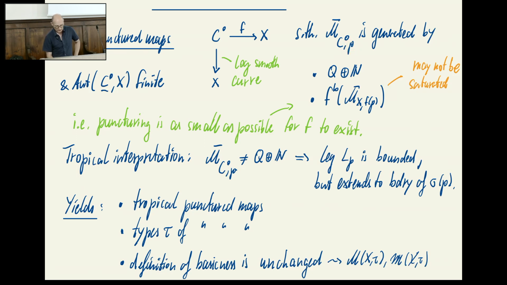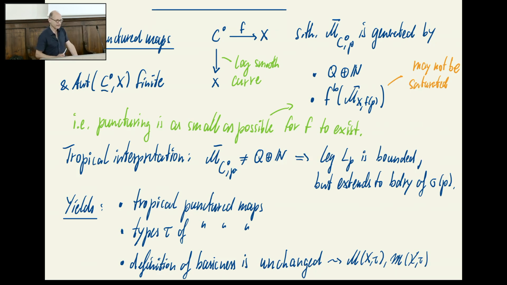The log structure is generated by Q direct sum N, of course, and then just everything coming from X at this point. Okay, so you pull back your M-bar X f(p) by this f, and take that. So in other words, we take the puncturing as small as possible. Let's see, the smallest puncturing you can write down such that such a map still exists.